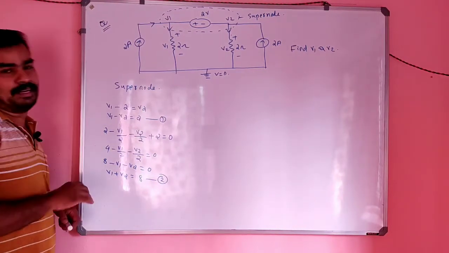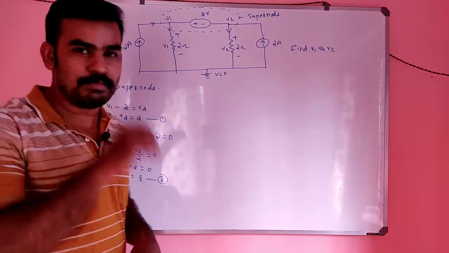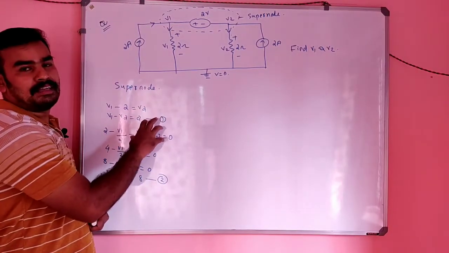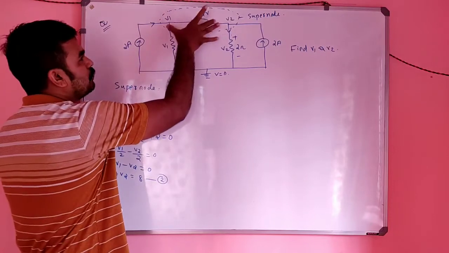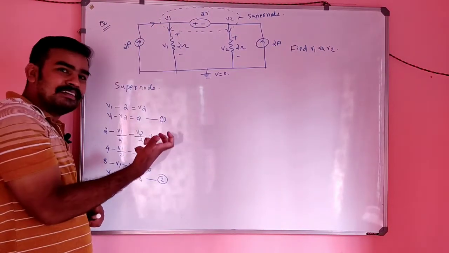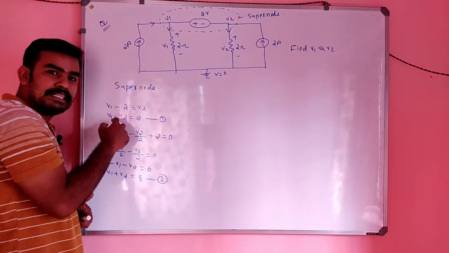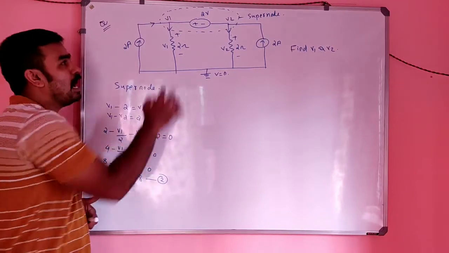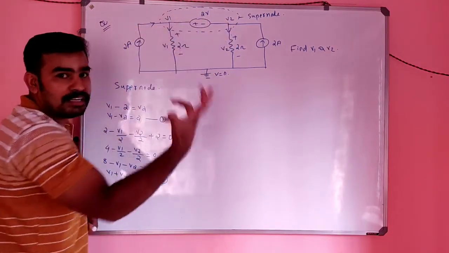So what I did here is a very important thing. First step, I wrote the equation for the supernode concept, how the supernode is formed. I explained that mathematically in words.